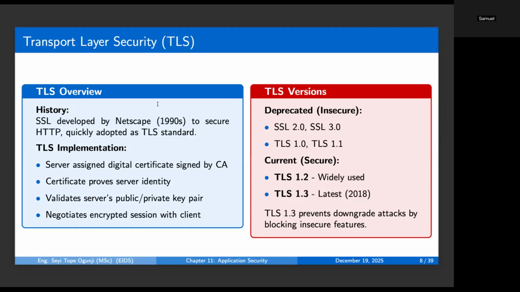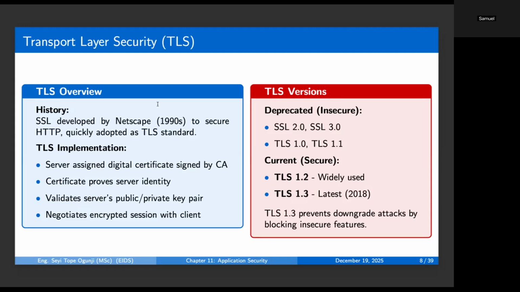So what does it do? It creates a secret tunnel between your computer, for instance, as we're communicating online now, and the website or the platform we're using. Everything that goes through that tunnel is scrambled, that is, encrypted, so no one can read it.